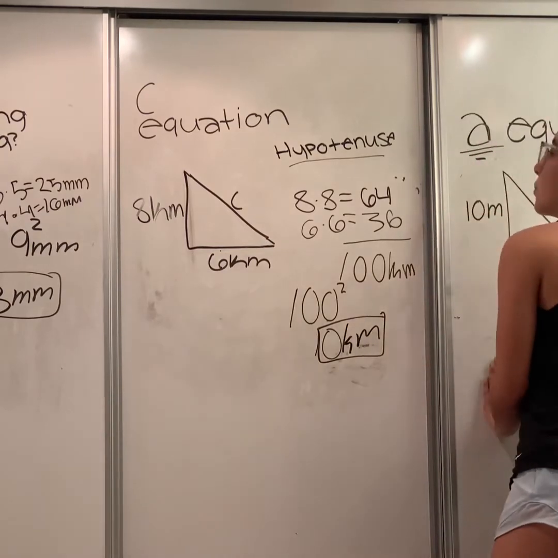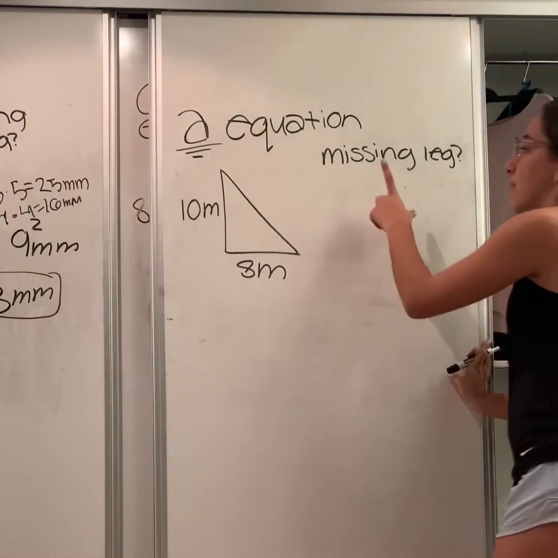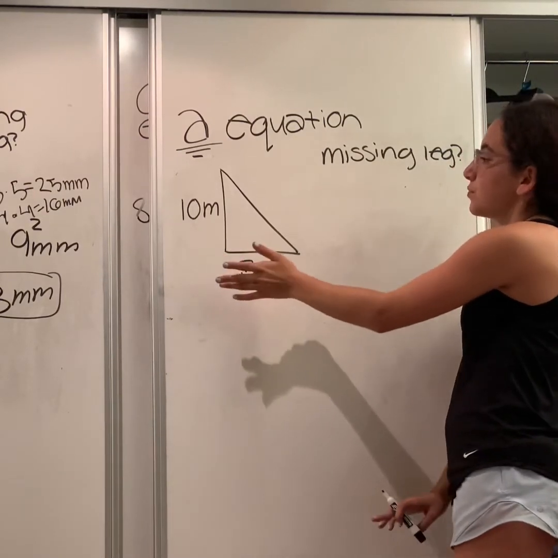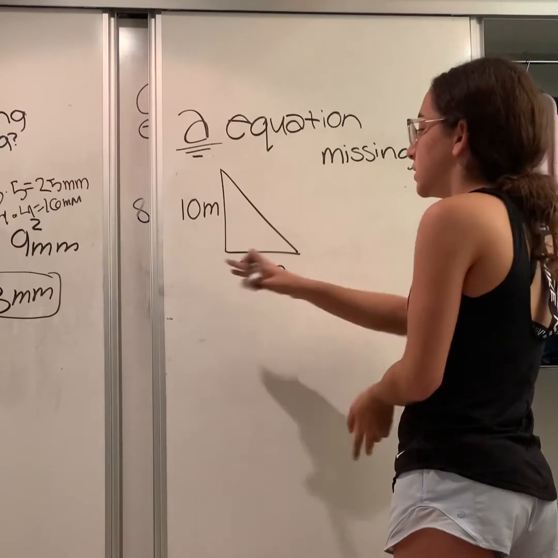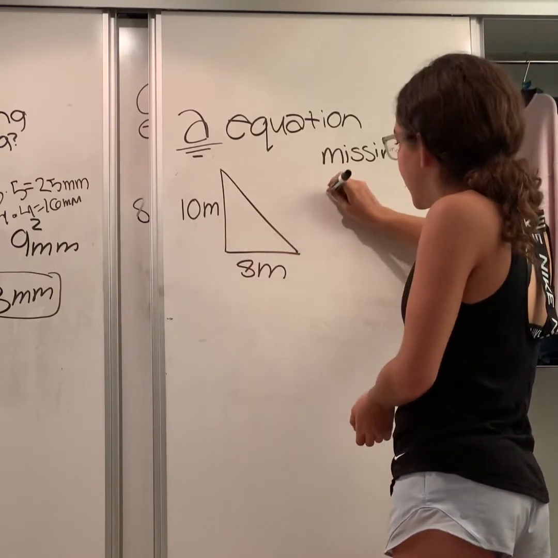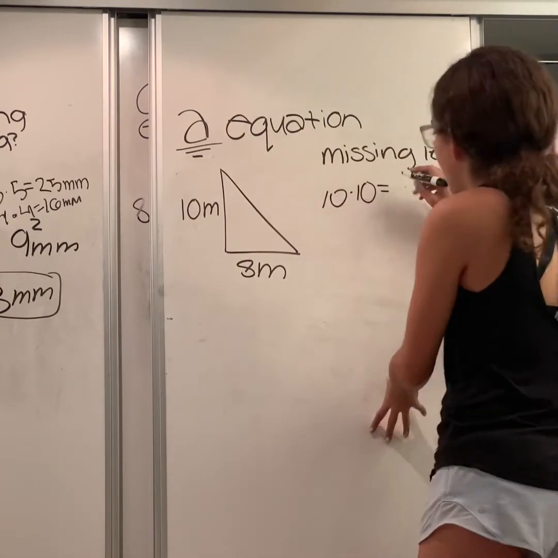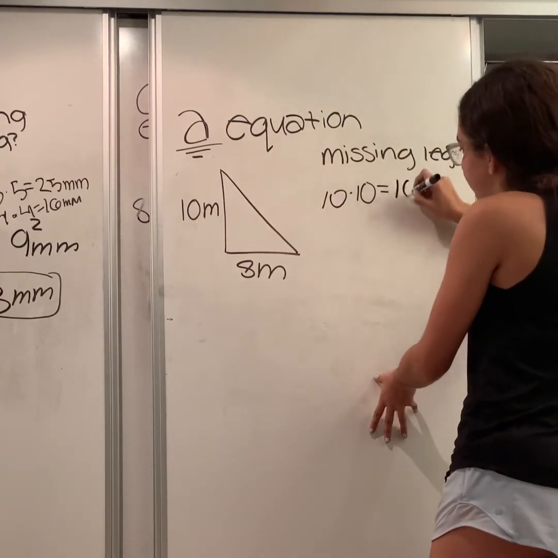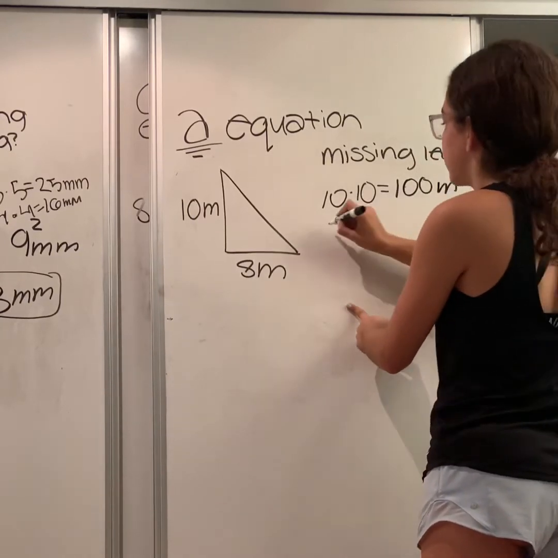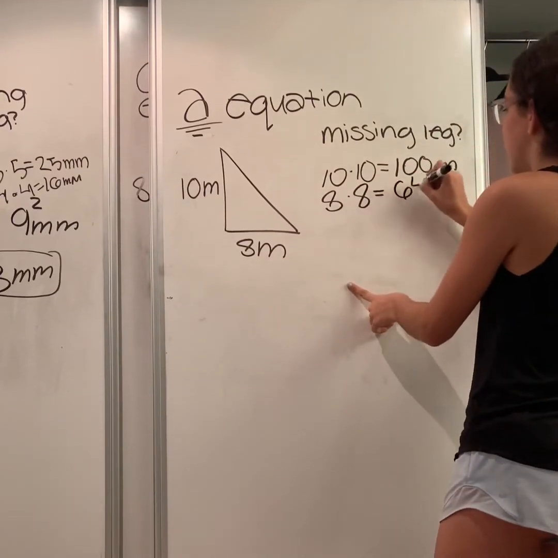The next thing we are doing is an A equation. We're finding the missing leg, and it's a subtraction problem. So for subtraction, we always take the bigger number first, and we multiply that by itself again, and we get 100. Bring over the unit, 100 meters, 8 times 8 equals 64.